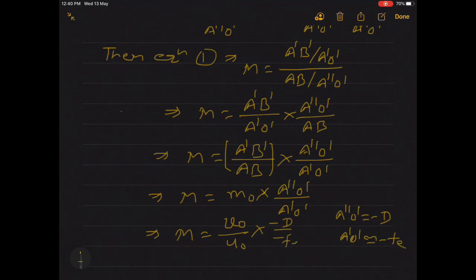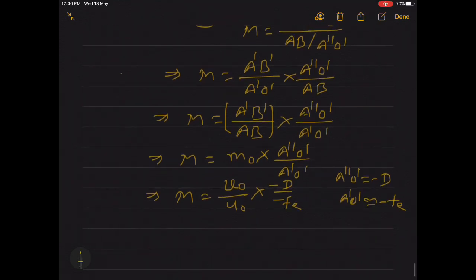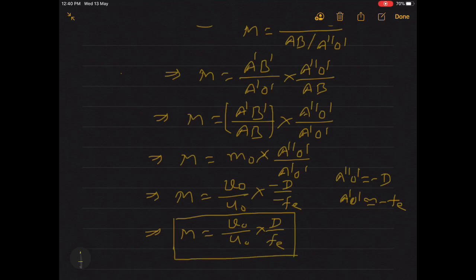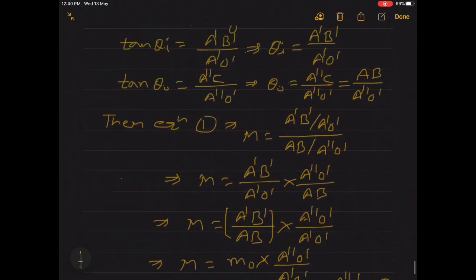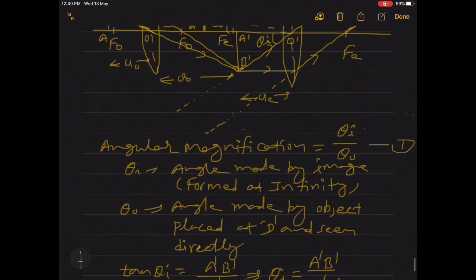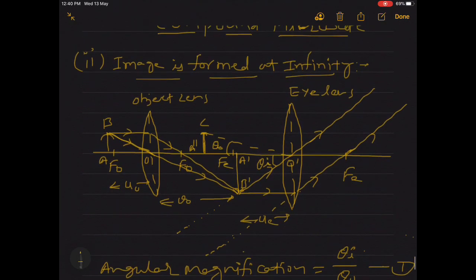So it would be minus D upon minus FE, which implies M is equal to VO upon UO into D upon FE. So this is the angular magnification produced by the compound microscope when the image is formed at infinity.